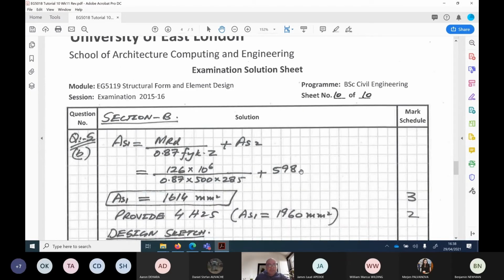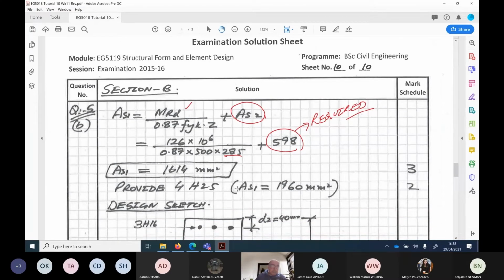So again, if you have a look at this formula for AS1, which is the area of tension reinforcement, we have MRD divided by 0.87 FYK into Z. So Z we determined 285, not 385. And AS2 is the required area for compression, not provided. Once you put these values, then you have AS1 as 1614, and our assumption was that our main bar is 25.